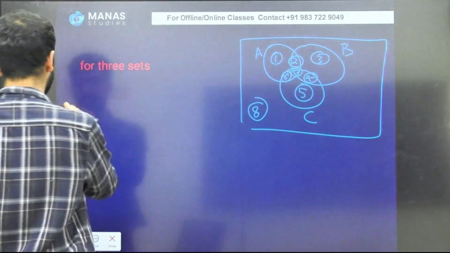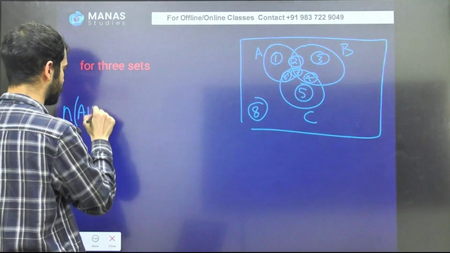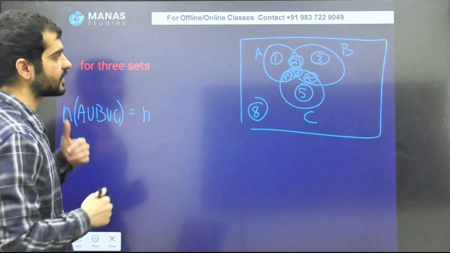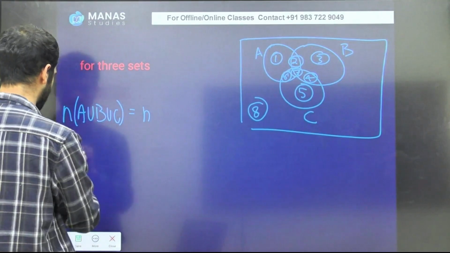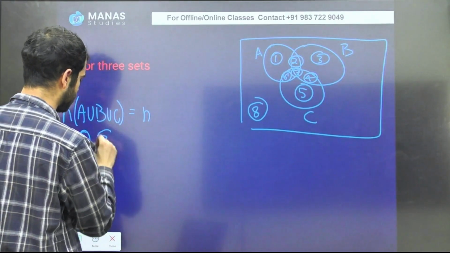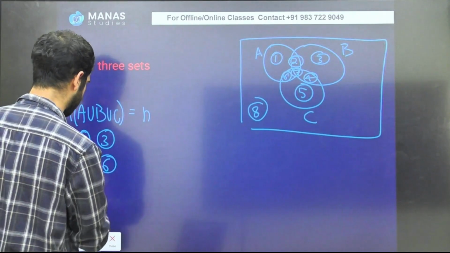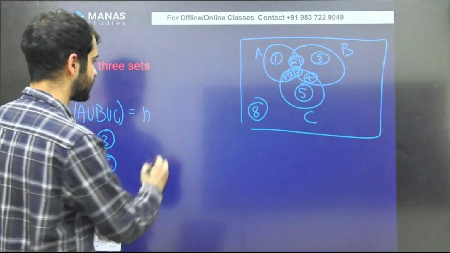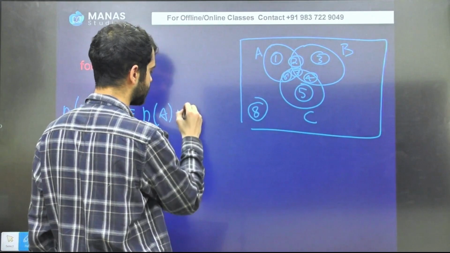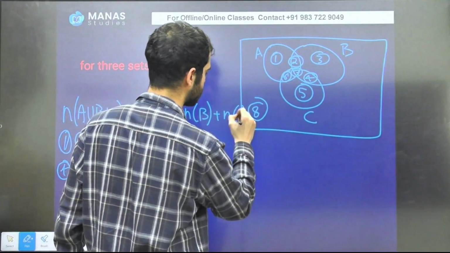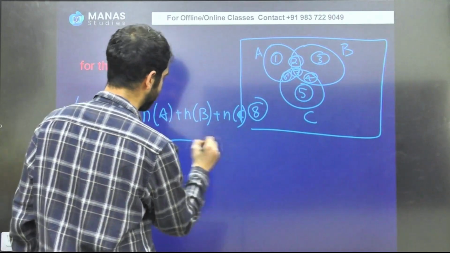If I have to take the sum of the number of elements in the 3 sets, what is the result that I want? I want 1, 2, 3, 4, 5, 6, and 7. In this case, if I'm going to add the first 3 sets, it will be NA plus NB plus NC. This is C. So now what are the elements that are being counted?